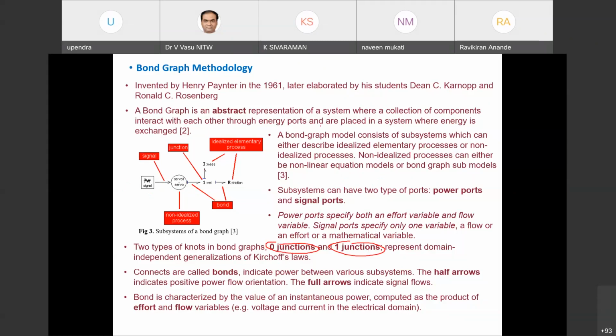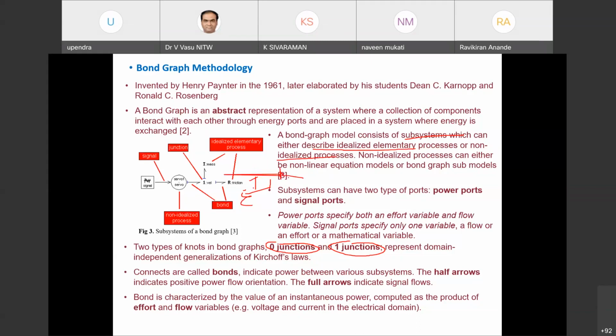Before going to that, this bond diagram consists of subsystems which are described either as idealized elementary processes or non-idealized processes. Idealized elements means that is going to be the final product. Suppose you take an electrical component, such as current or resistance; these are the final components.